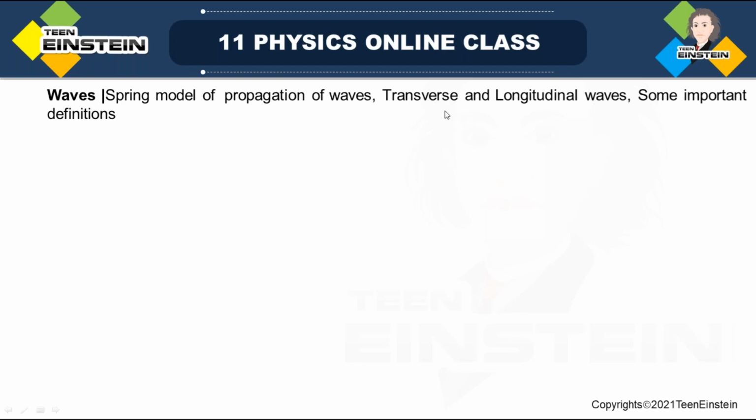Those are transverse and longitudinal waves, and we'll take up a few demonstrations and try to understand which one is a transverse wave, which one is a longitudinal wave. And then we'll learn a few important definitions today, which are very important to discuss the wave equations and to solve various problems, etc.